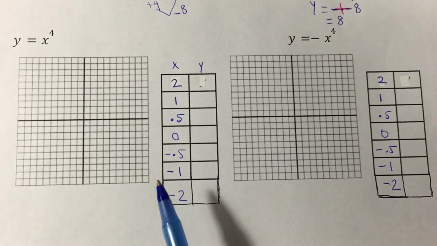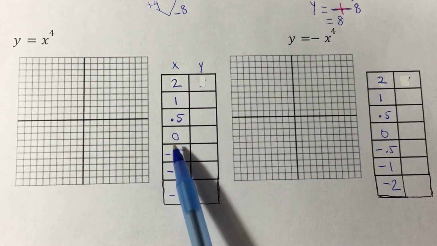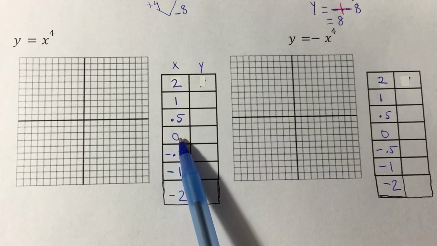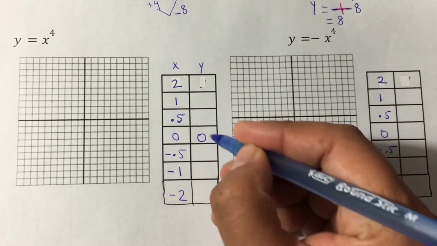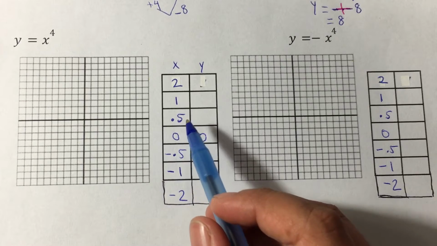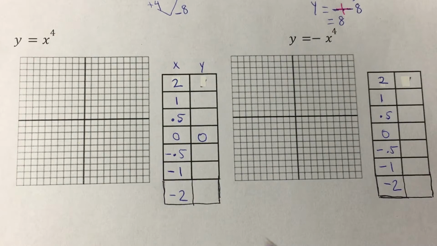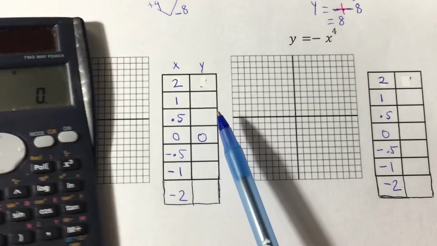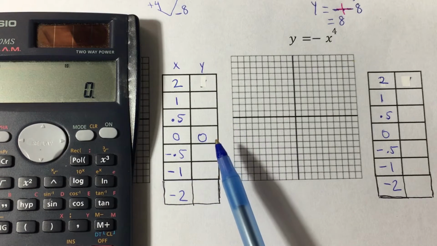Okay, for the next one, we have y equals x to the fourth power. And so I'm going to start with the vertex, which is at 0, at the origin. 0 times 0 times 0 times 0 is 0. Then 0.5 times 0.5 times 0.5 times 0.5. And you can use your calculator if you wish, or you can use decimals, because in here we're just trying to figure out the end behavior and understand it.